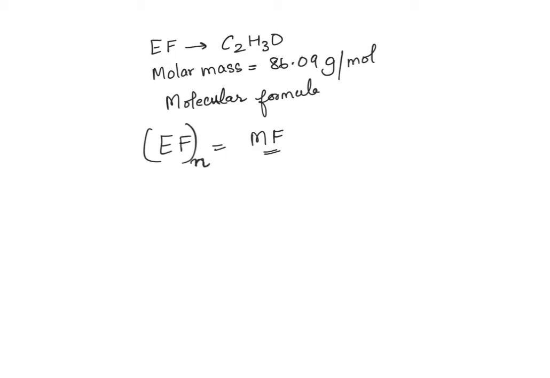So what is empirical formula mass here? If you get the mass from this empirical formula molar mass, 2 times 12.01 plus 3 times 1.008 and 1 times 16.00.